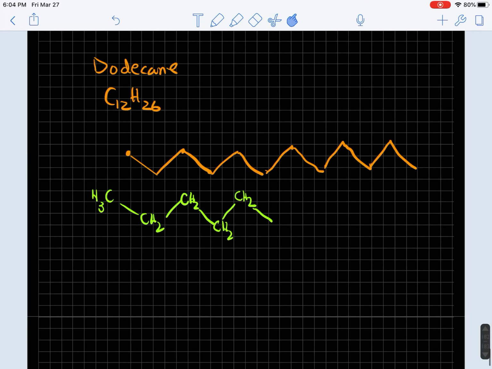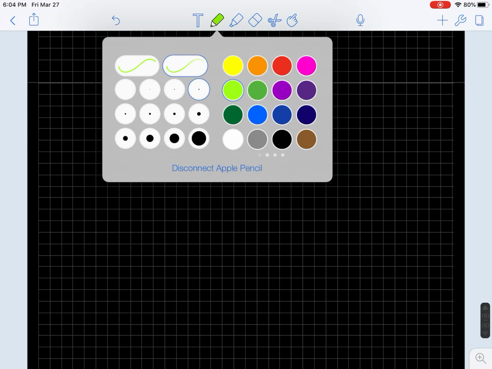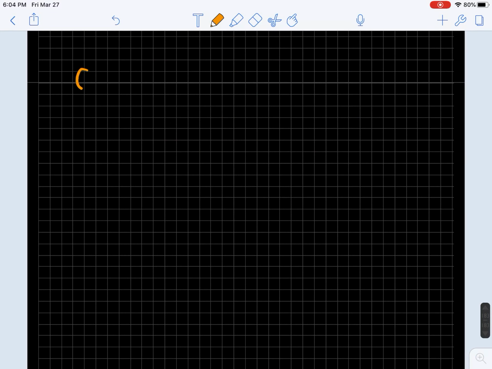Okay, so try this one. Let's say we have carbonate, CO3 with a 2- charge. Go ahead and draw all 3 of the structures and give me, first of all, the resonance structures.